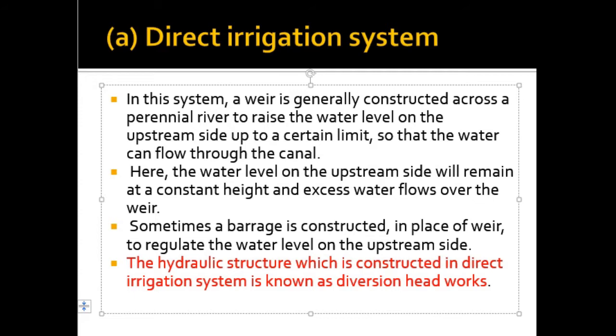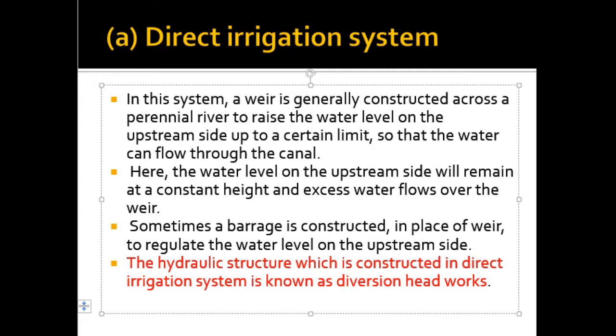Now, the direct irrigation system is a system in which a weir is generally constructed across a perennial river to raise the water level on the upstream side up to a certain extent, so that the water can flow through the canal. Here, the water level on the upstream side will remain at a constant height and excess water flows over the weir.